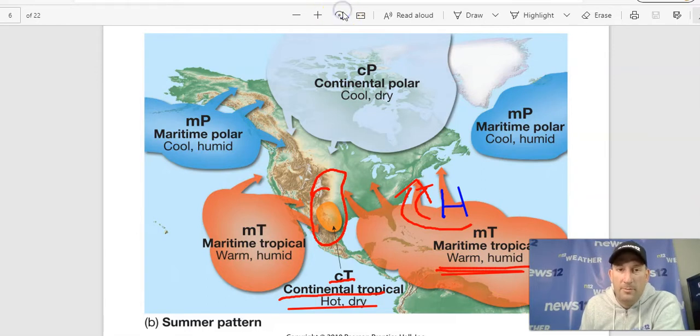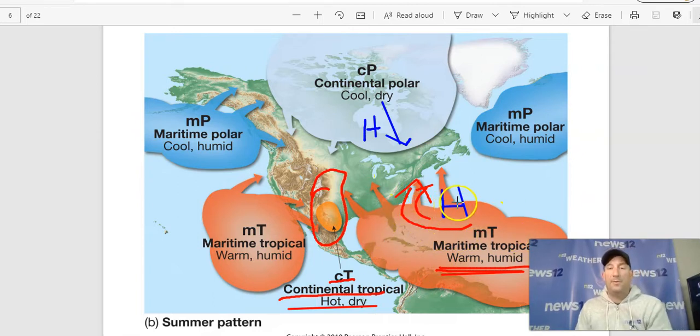Occasionally during the summer, we do get a little bit stronger of a cold front where high pressure sets up here and wind flow goes like that. Okay? Our predominant wind flow in the summer is from this maritime tropical air mass that comes in from the south. So that's why we stay so warm in the summer.